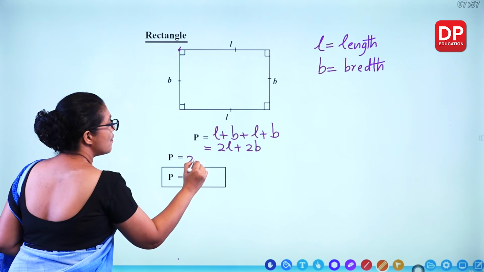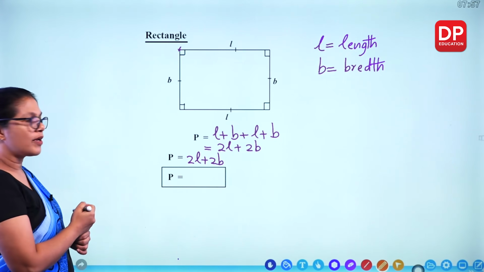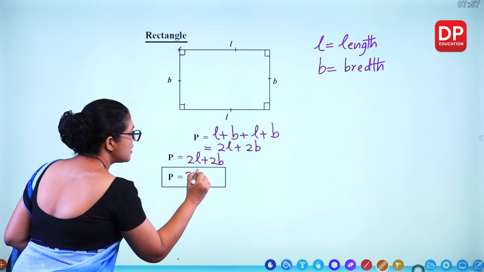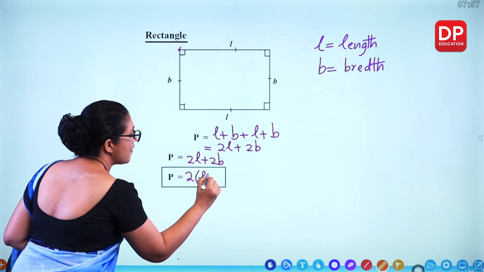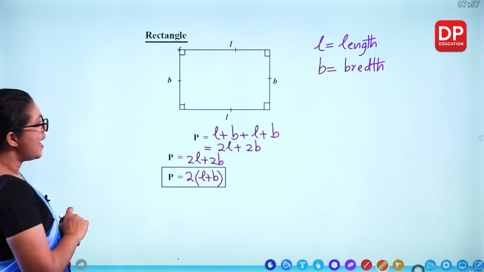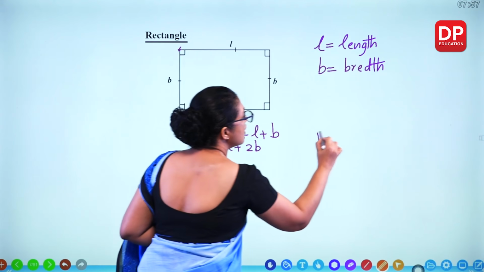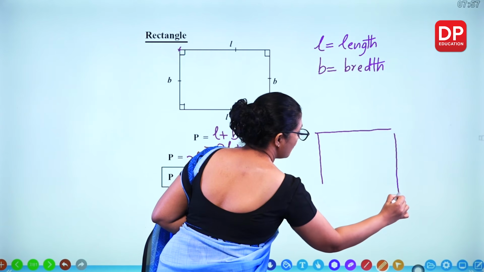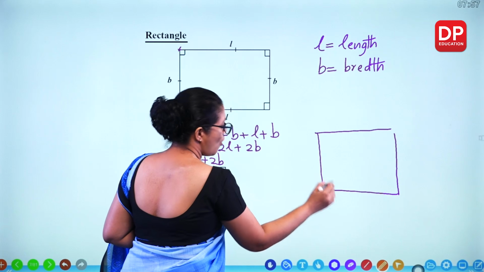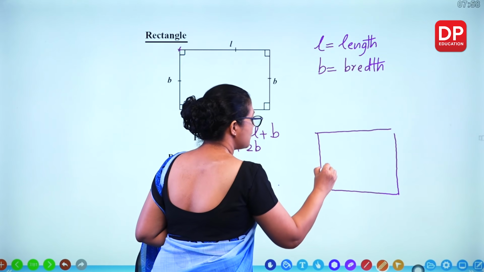Now we see that 2 is common, so you can take it out, and inside I can write L plus B. I can explain this as, if you separate these two lengths, I want to find the length of this part.